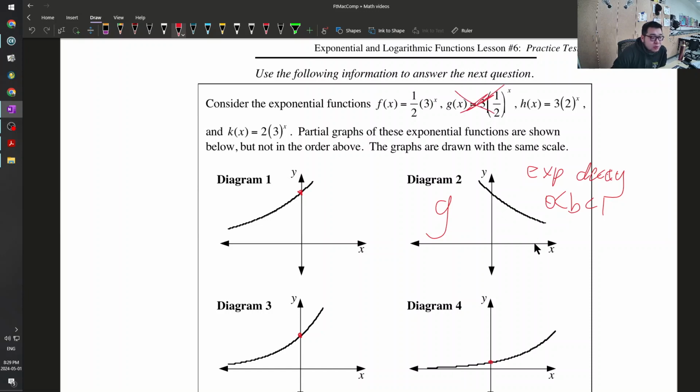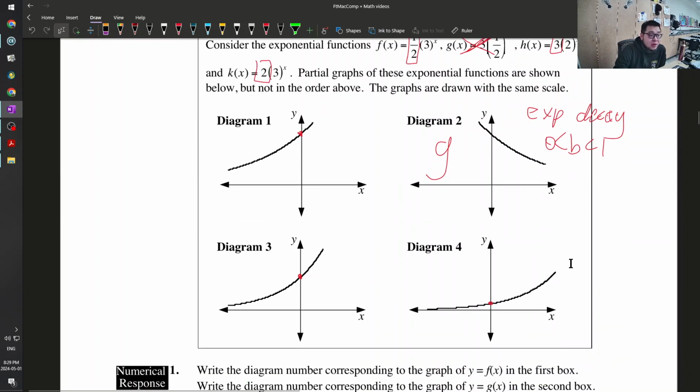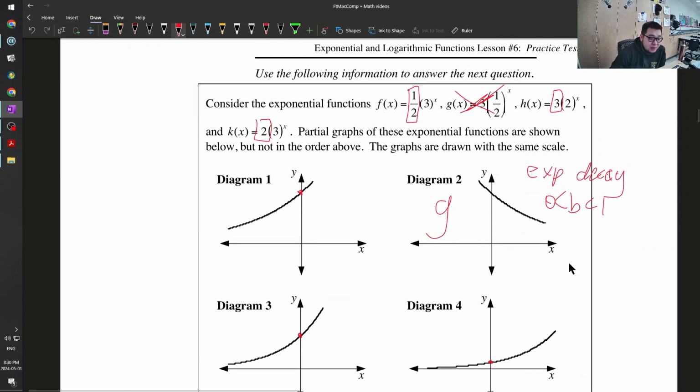Okay, once we used up G, now your a value, so this 1/2, 3, and 2 will determine what your y-intercept is.